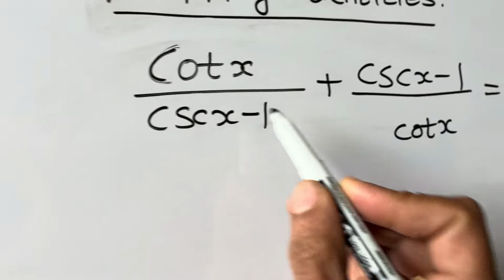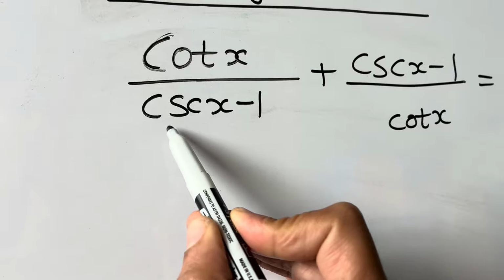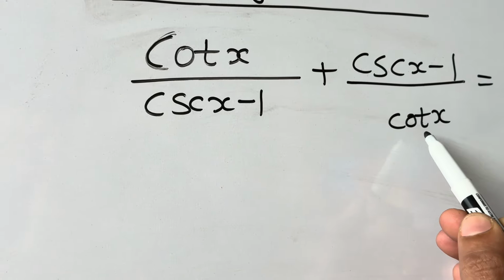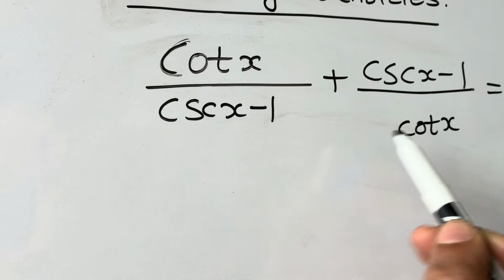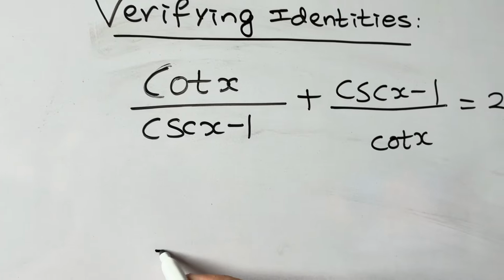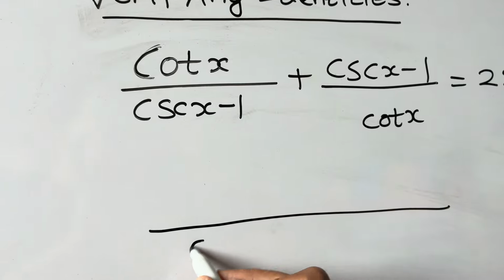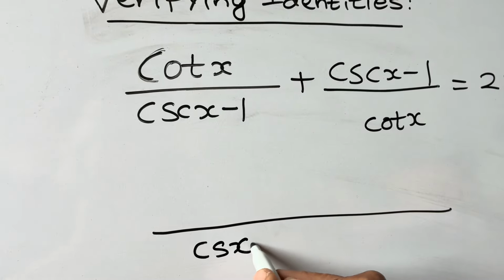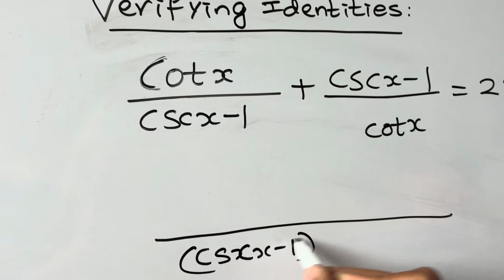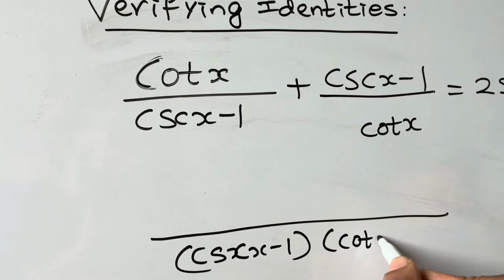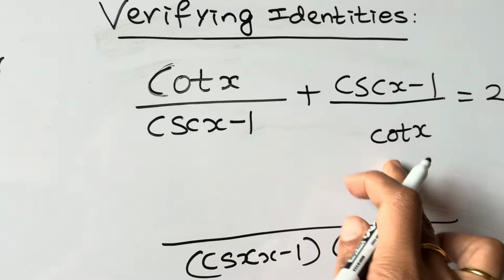So when you observe, for the denominator we have cosecant x minus 1 and cot x. So there are two different denominators. So I'm going to take the common denominator of those two. Then we are going to get cosecant x minus 1 times cot x. This is a common denominator for these two fractions.